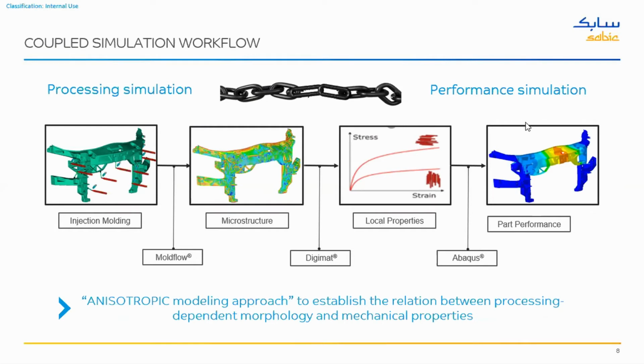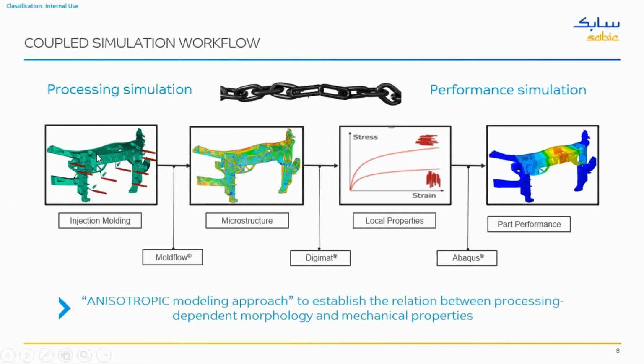We start with the filling of the part from injection molding, which will affect the fiber orientation in the part. The influence of that fiber orientation is converted into local material properties within the part, and those material properties are used subsequently for the structural analysis of the part.